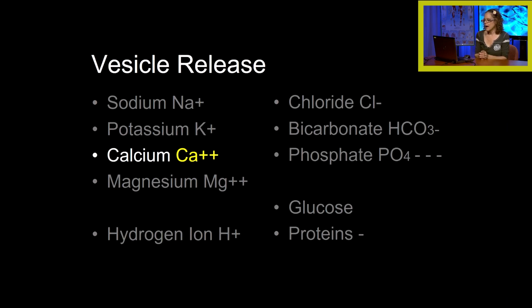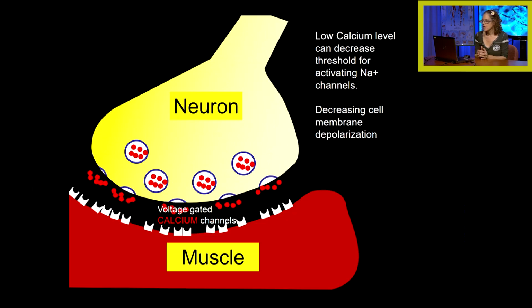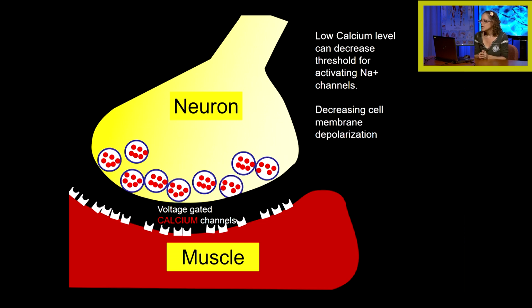So let's talk a little more about calcium. Low calcium levels can decrease the threshold for activating sodium channels, so decreasing the cell membrane depolarization. Here we have an example of a neuron, and we have a muscle.